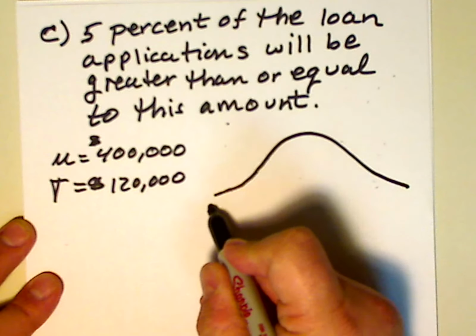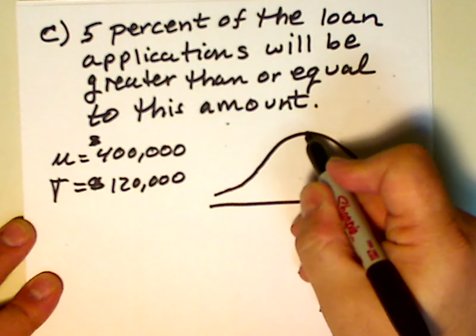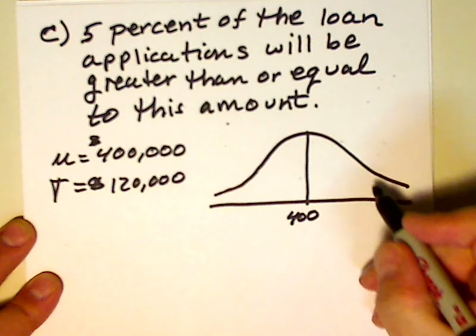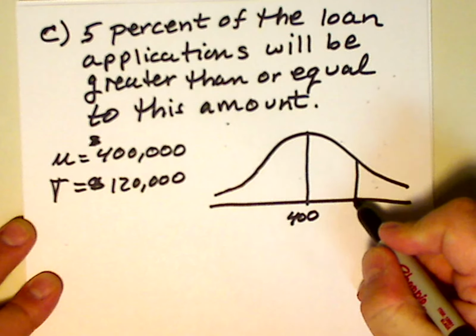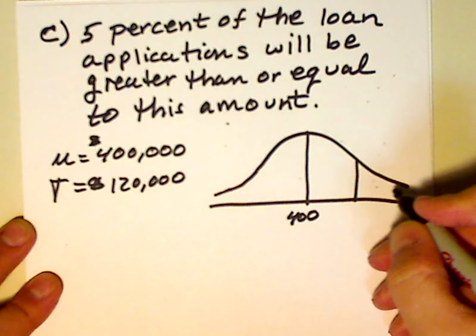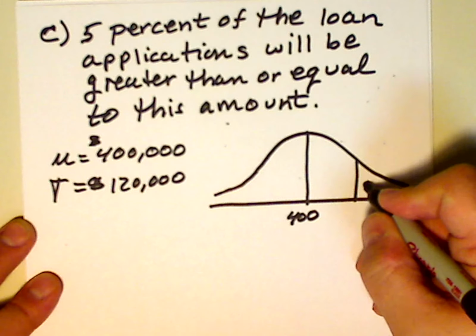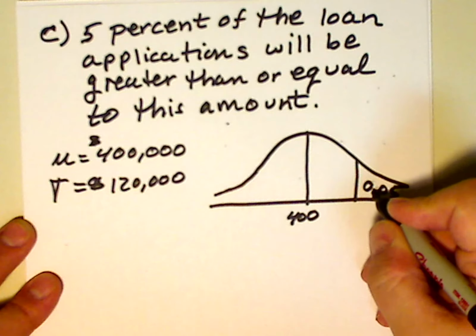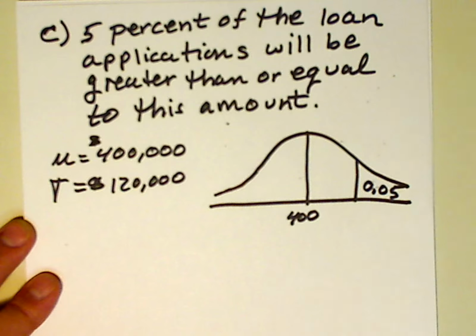As you should know by now, I'm a terrible artist. So we have the mean of 400,000 here. We're interested in this right tail, and it's saying, look, this tail should contain 5% of the applications.